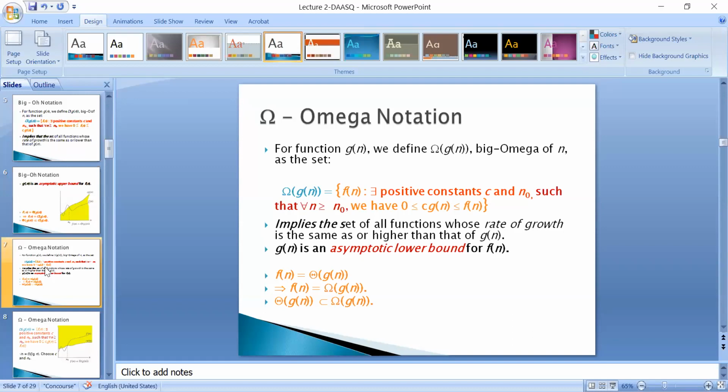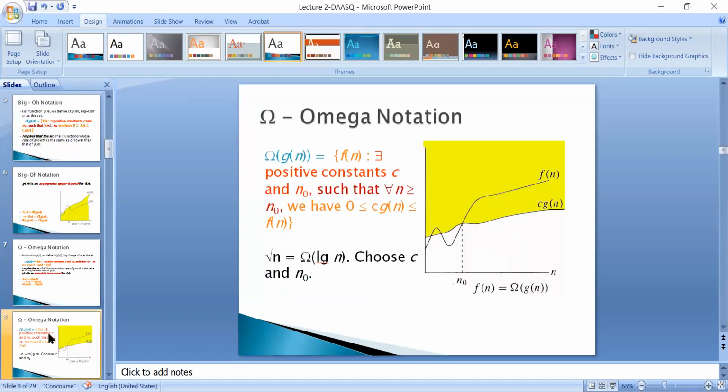So g(n) is an asymptotic lower bound. I'll just explain that in this graph.